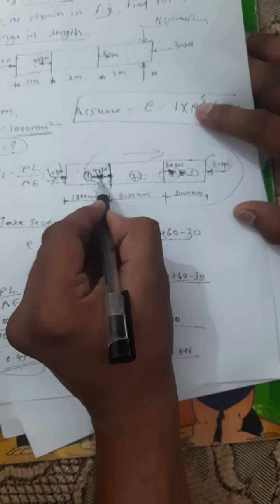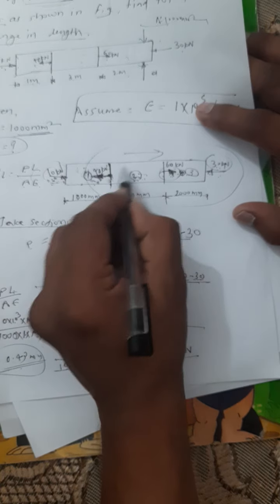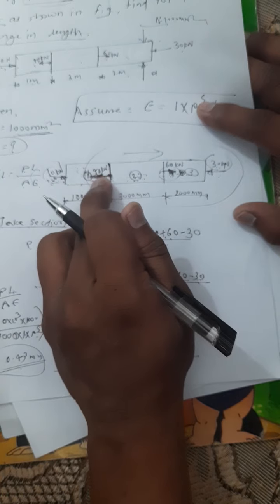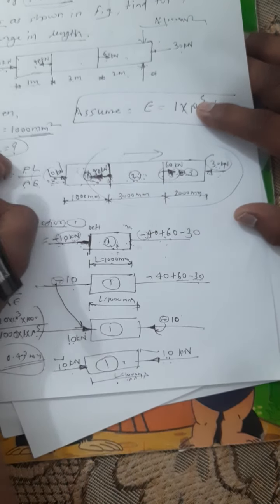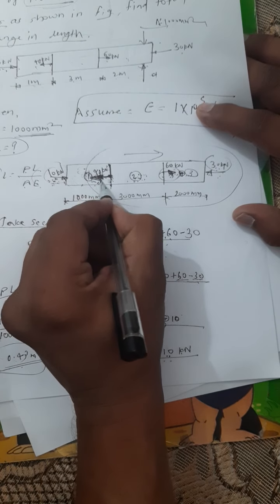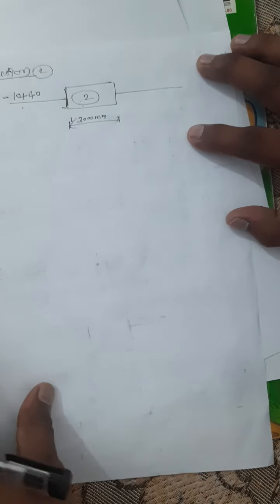Now the second force from the left side is 40 kilonewton. The effect of this 40 kilonewton on section number 2 is that it moves away. It is responsible for elongating section number 2 from the left side. Elongation means plus, because length increases due to this. So plus 40.